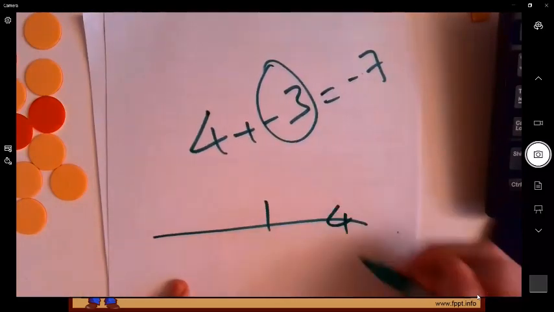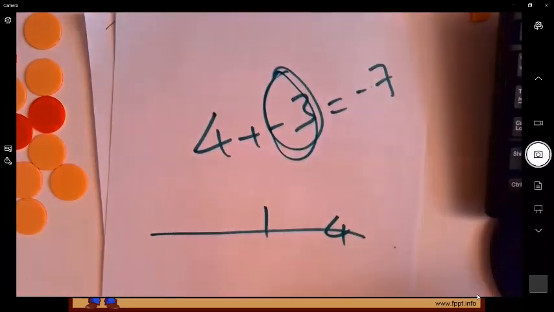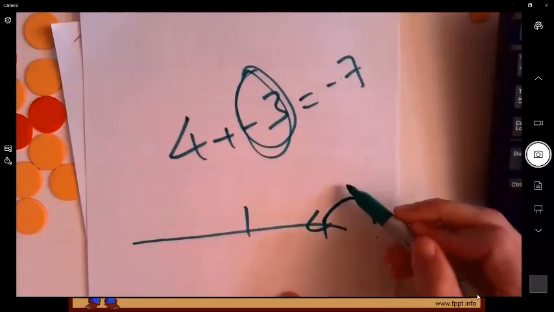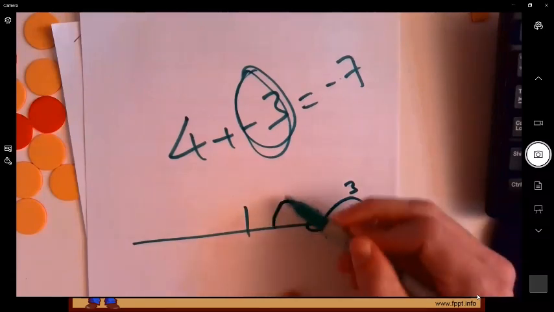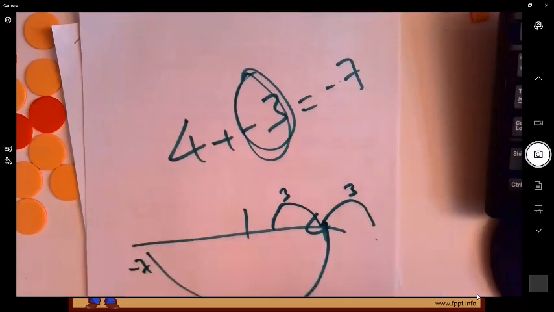Okay, so let's start at 4. That -3, the size of that, the absolute value of it, if you like, or the modulus, if we're going to talk Key Stage 5, and I'll refer to that in a minute, it's only 3. So you could only go 3 that way, or you could only go 3 that way. How on God's green earth do you end up at -7?